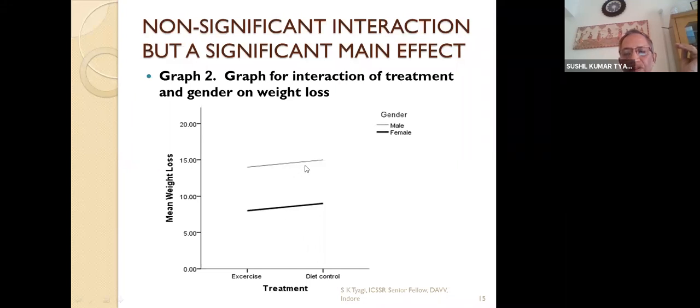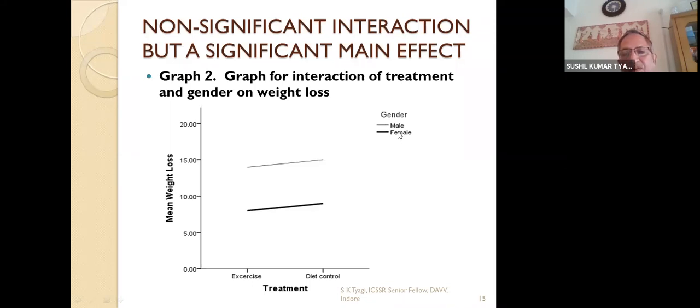Similarly, what about the other? The other is the exercise and diet control. The diet control mean is here between these two, and exercise is between these two here. So this is an example where we have non-significant interaction but a significant main effect, and the second main effect is not significant.